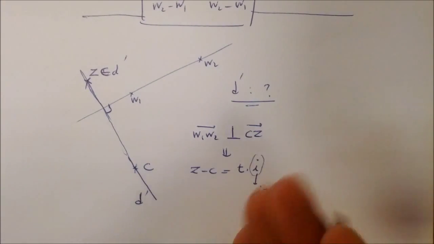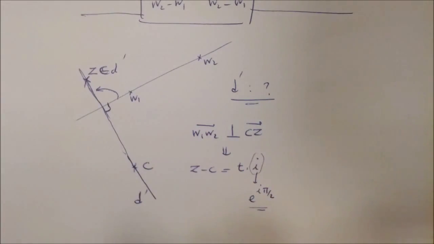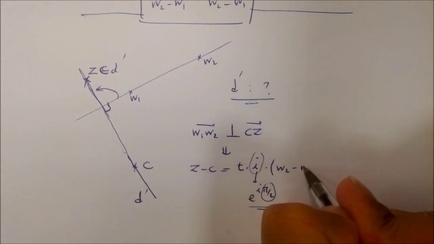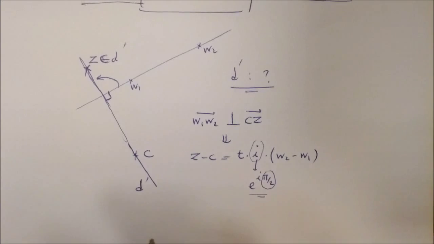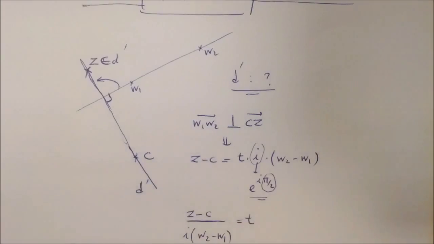This is a rotation, in fact counterclockwise, by the angle of pi over 2, times w2 minus w1. So I'll have (z minus c) over (i times (w2 minus w1)) equal to t.